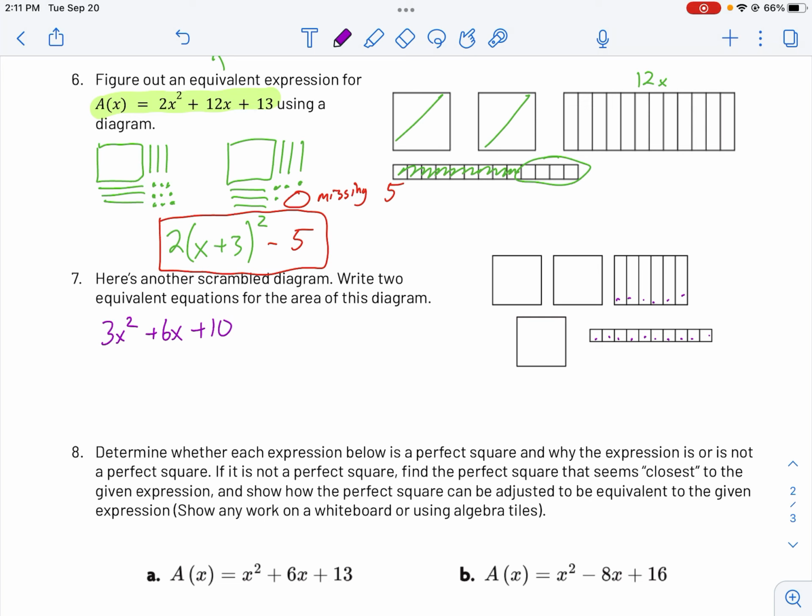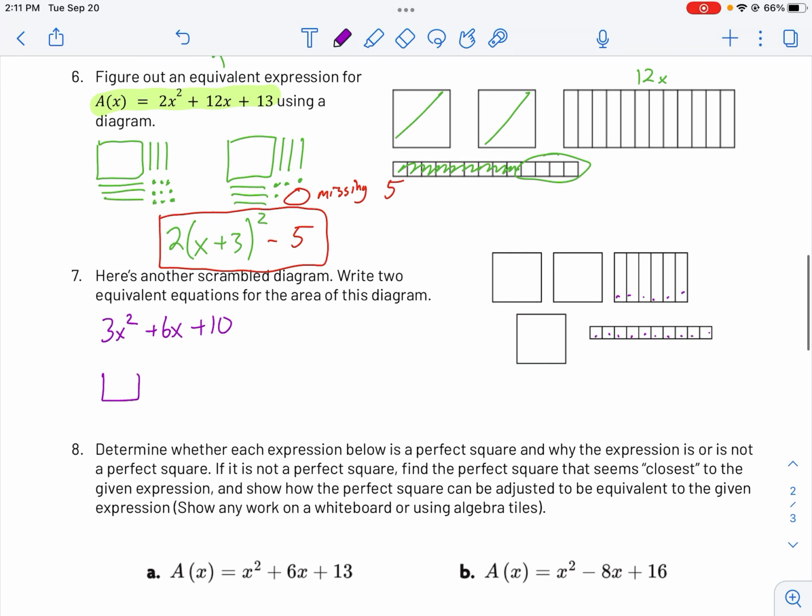Okay, so if we think about the diagram here, we've got 3 different x squareds, and I only have 6 x's, so that means I'm going to have 1 on each. Which means I only have 1 dot going to each diagram, so I have 7 extra, or 7 left over.